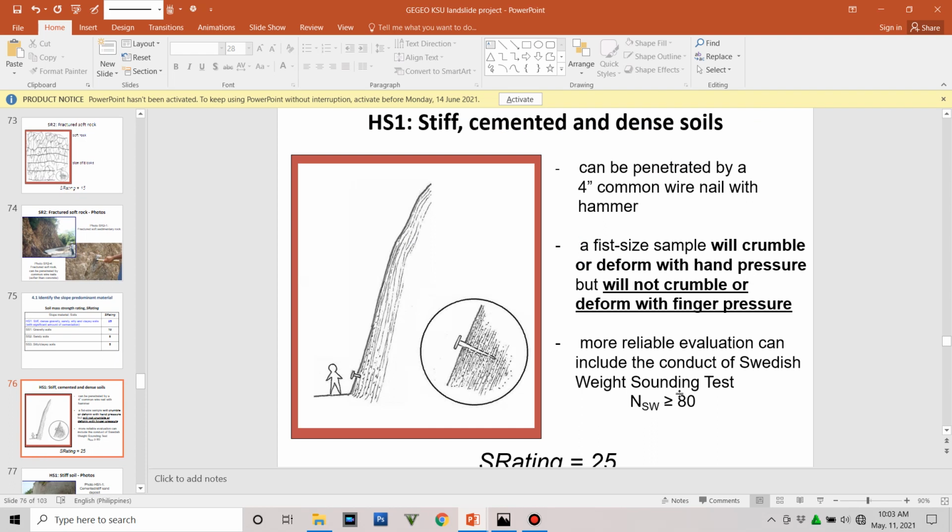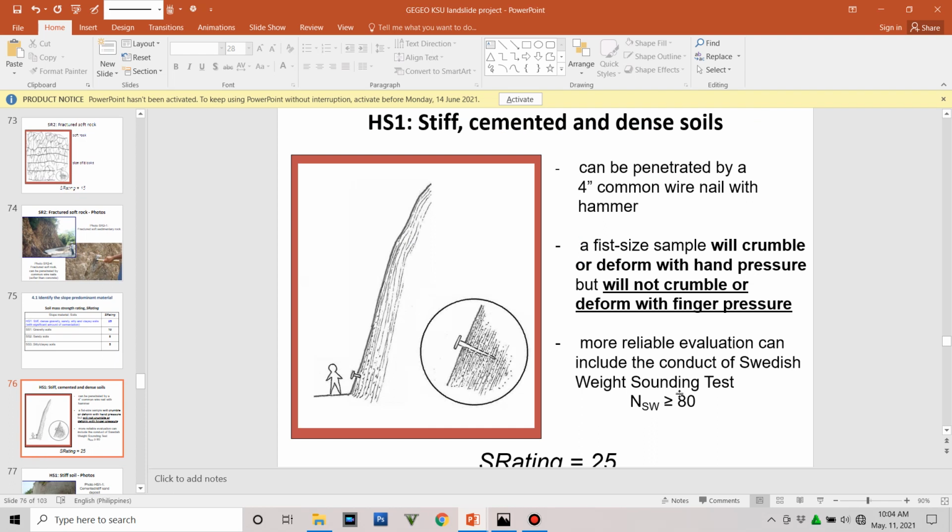So ngayon, kapag finger pressure naman, it will not deform. Okay? So it will crumble by hand pressure, but finger pressure will have no effect on it. So no deformation with the finger pressure, but it will crumble with the hand pressure.